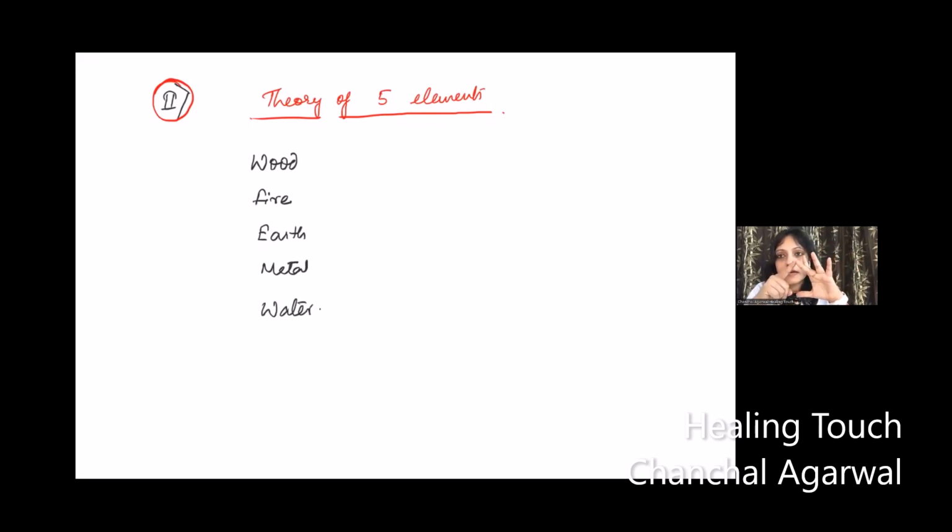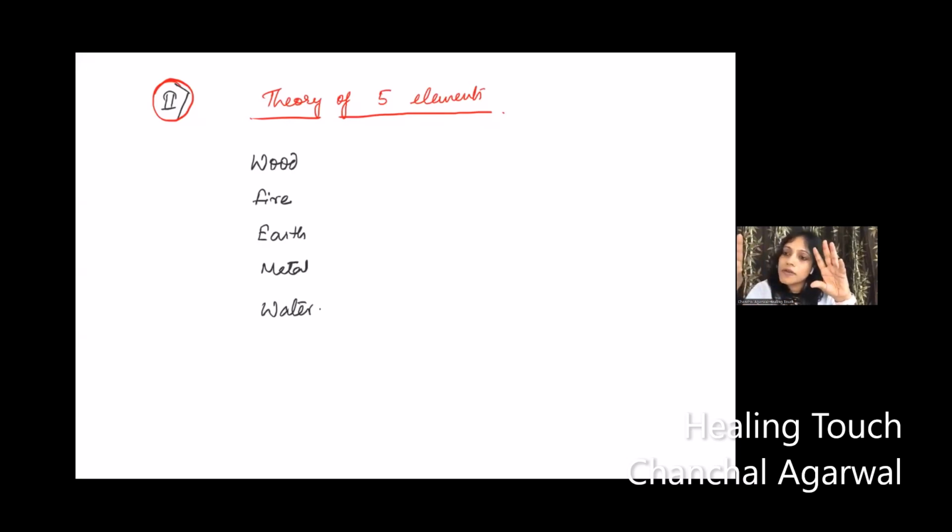This is earth. This is metal, and this is water. Now understand this is just to learn the sequence of elements which are present in the body. We are not saying that the thumb is always wood. This is just to understand the sequence of elements which form the body. So there are 5 elements: wood, fire, earth, metal, water.